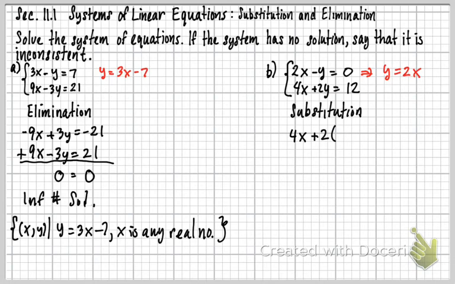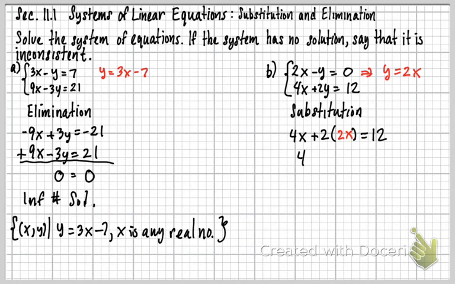Oops, I ran into a y. So I put my 2x in there, and then I have an equal sign to the right of that, and I have a 12 here. Okay, so again, I'm using this bottom equation here. That's what I'm doing. So now what we're going to do is just simplify this.